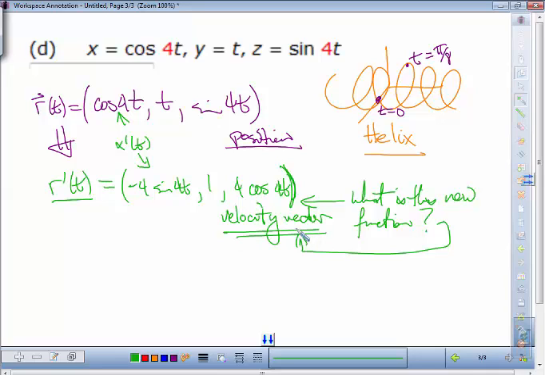So much like the derivative in Calc 1, when we take the derivative of a function, it's a general derivative at any point, right? So if we want the slope of the tangent line at a specific point, or if we want the velocity at a specific time, we want to find the derivative, and we want to input a specific value for the time. Okay? So this is a velocity vector at any time t.